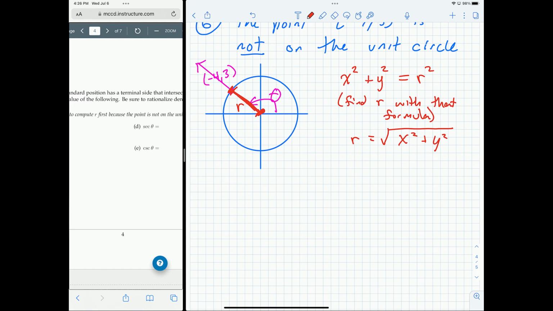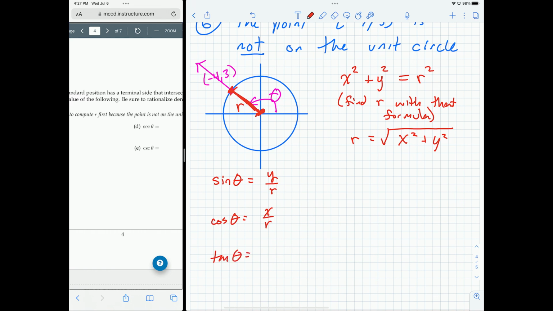The sine of theta is not y, it's y over r. You have to divide by r because this is supposed to be 1 on the unit circle, but here it's r. This fixes the formula to work when the point is not on the unit circle. So the cosine is x over r.